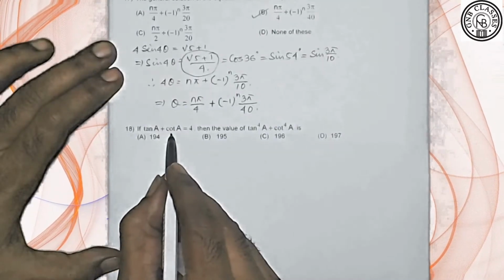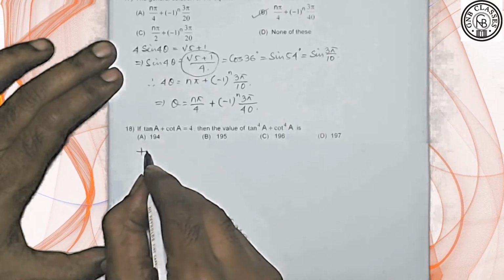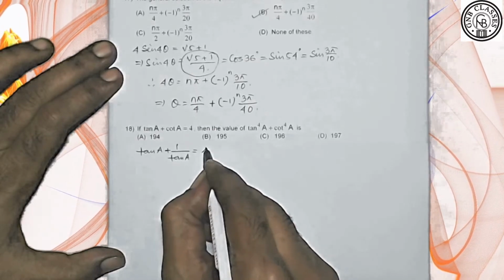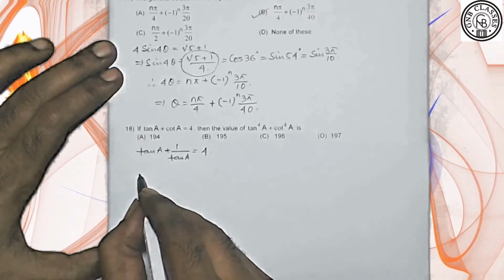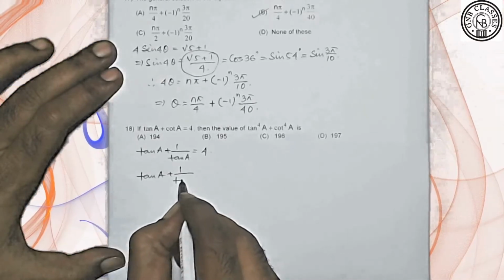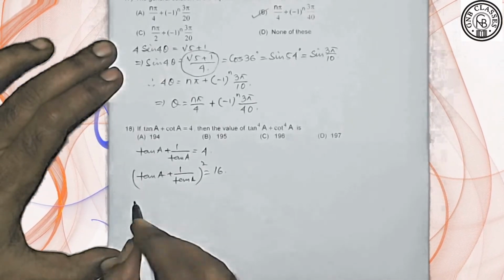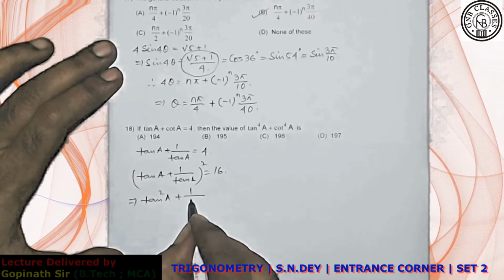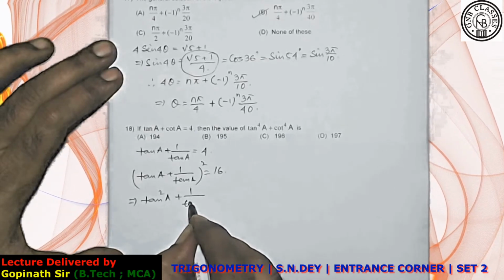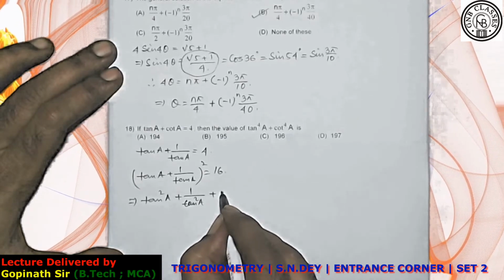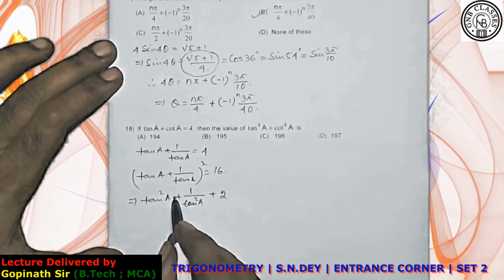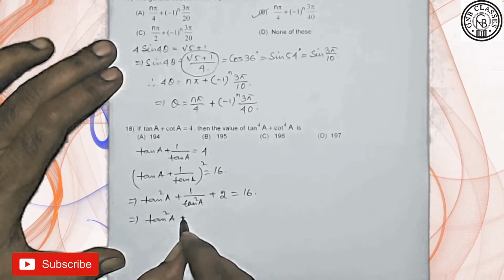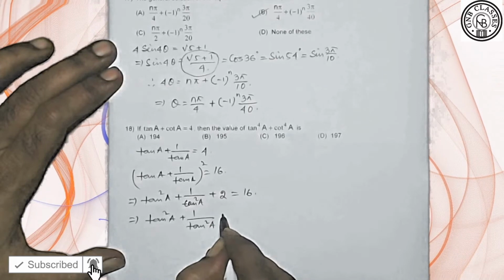Here we have been given tan A plus cot A is 4. Therefore, tan A plus 1 by tan A is 4. Let me just square both sides. So we are having 16. Now if I open the brackets, we are going to have a square plus b square, that is tan square a, plus twice ab will give you only 2 because tan a gets off. So we are having tan square a plus 1 by tan square a as 14.